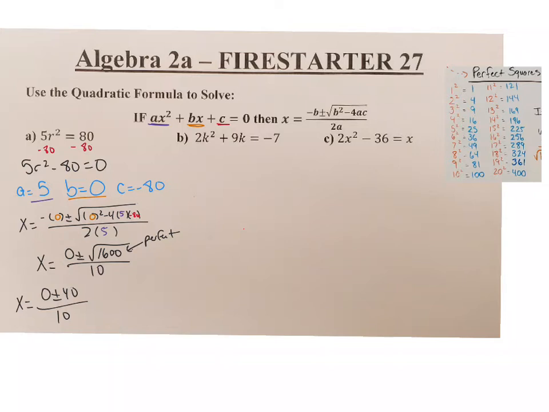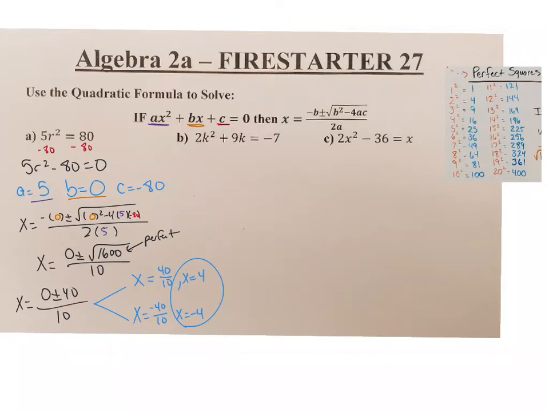Since the radical disappeared, I have to say x equals 40 over 10, so x equals 4, and x equals -40 over 10, so x equals -4. So if the radical disappears, you do have to write it as two separate answers. All right. So if the radical does not disappear, then you don't have to write it as two separate answers.